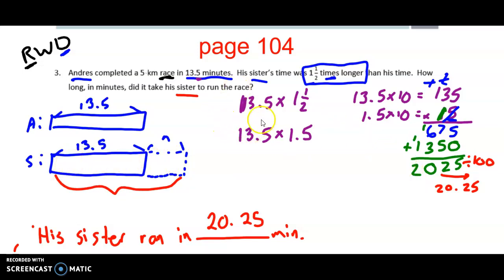If you did it in a fraction form, you would take this and have, well, 13 and 5/10 and make 135 tenths times, well, this was going to be 3 halves and solve it. It would take a little bit of extra work, but you could certainly do that as well.